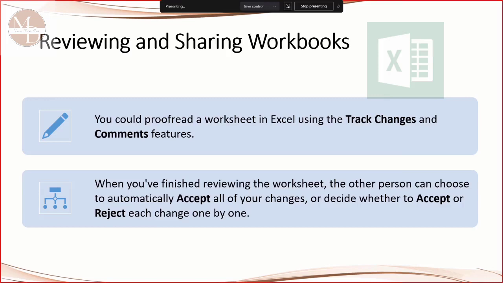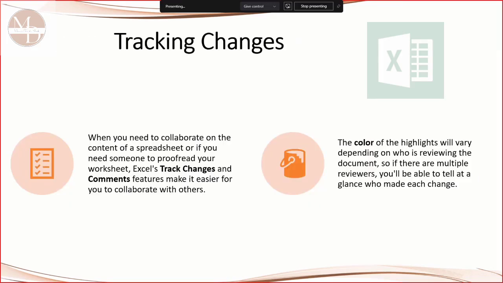You can assess what somebody else has done. If what they've done is okay by you, you can accept it. If not, you can reject it. So that is that.